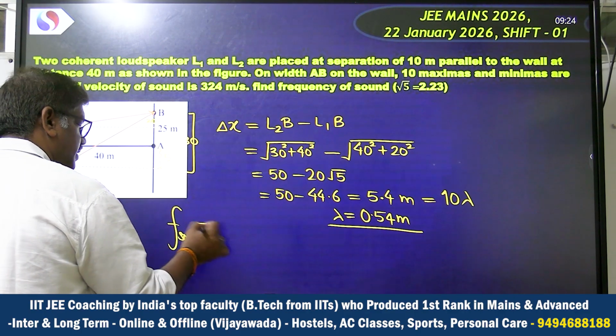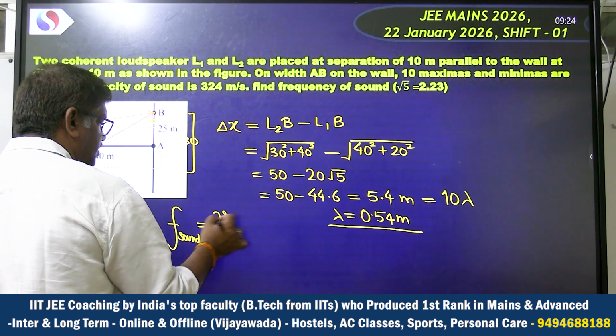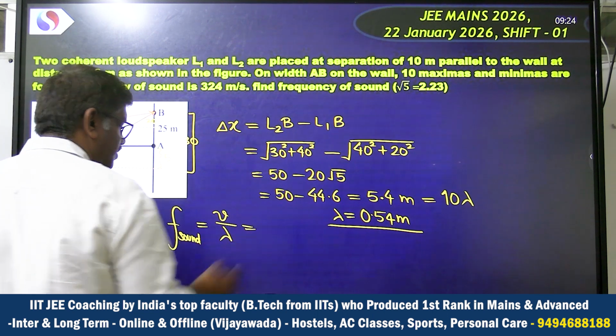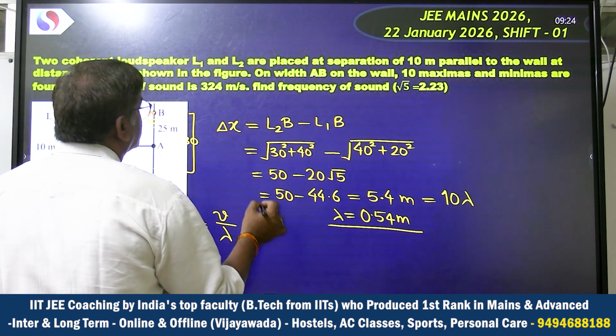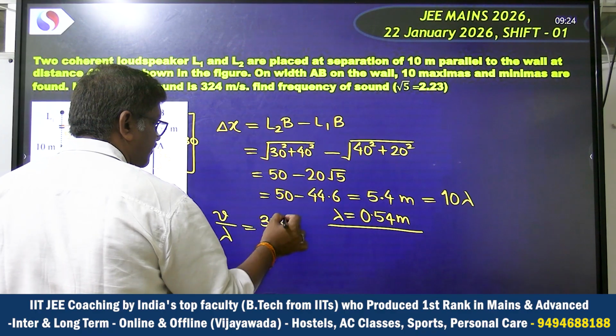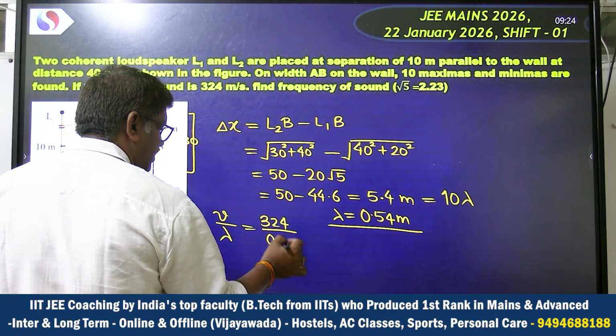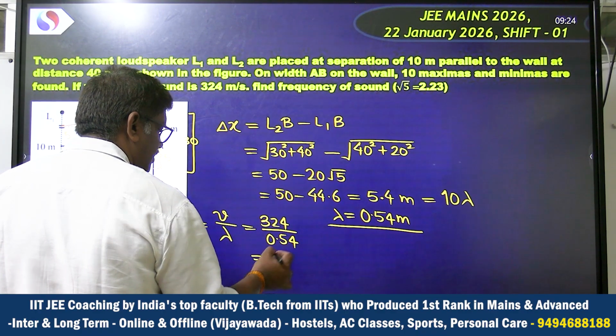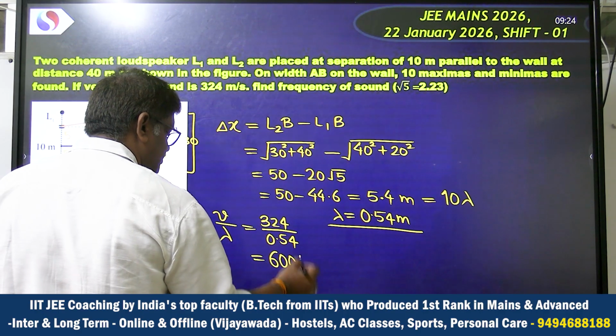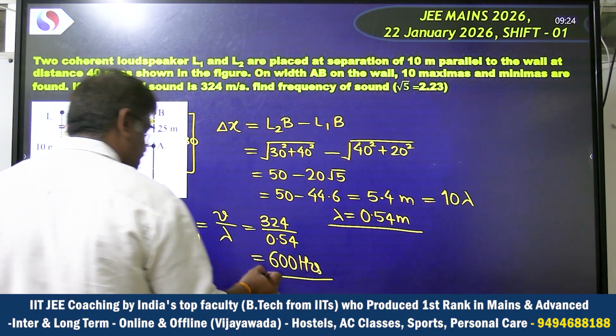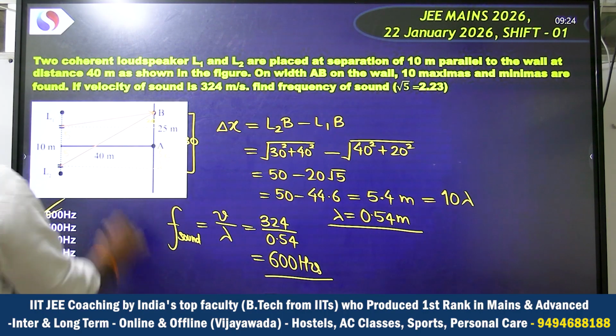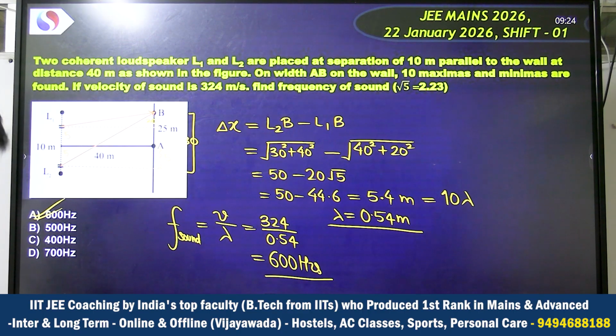Then directly a simple relation, v by lambda, will be your frequency of sound. The velocity given to you is 324, while the lambda we have got is 0.54. By calculation it comes as 600 Hertz. So the exact answer is 600 Hertz for this question.